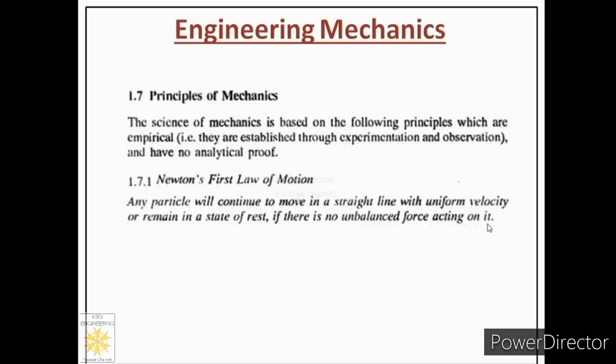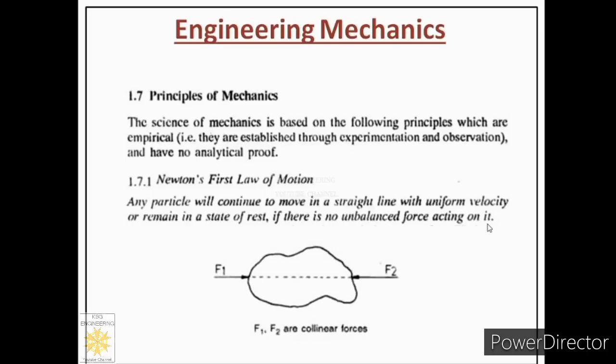It states that if we have a body and there is no unbalanced force acting on that body, then the state of the body will be maintained. If originally the body was at rest, it will still remain at rest because there is no unbalanced force acting on it. Similarly, if initially the body was moving with some velocity, let us say uniform velocity with zero acceleration, and no unbalanced forces are acting on it, then it will keep on moving.